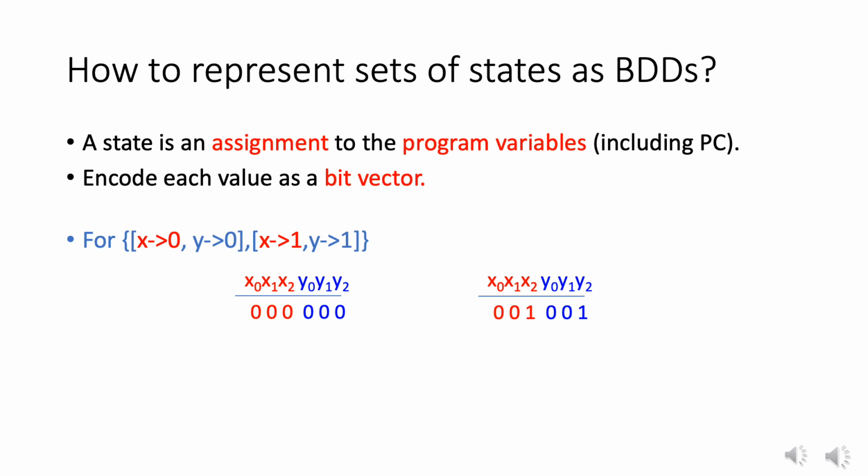So let's see, for example, the two states where in the first one x is 0 and y is 0, and in the second one x is 1 and y is 1. So the first bit vector is all zeros, and the second bit vector consists of concatenation of twice 0, 0, 1, which is the binary representation of 1.